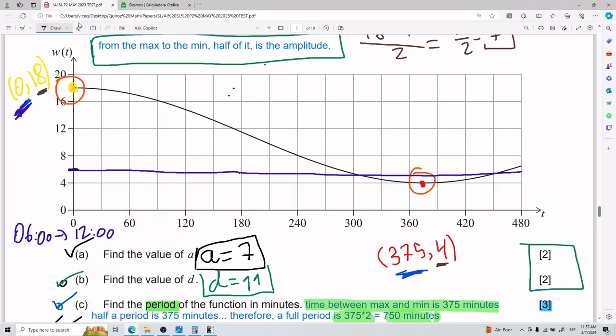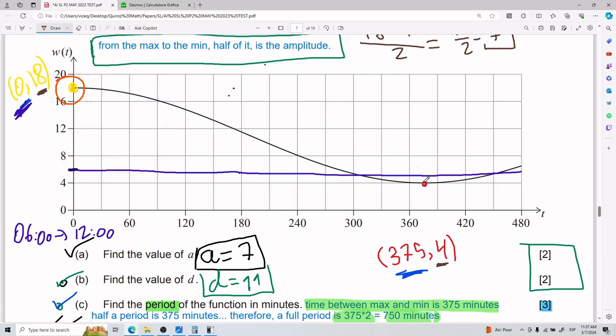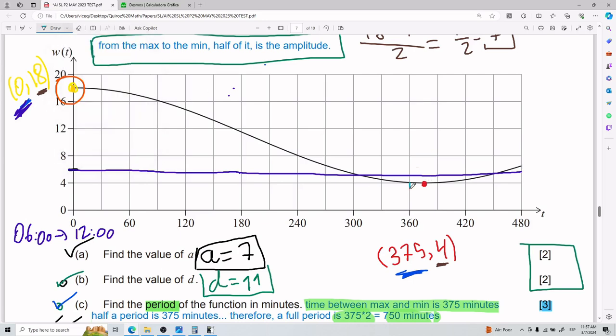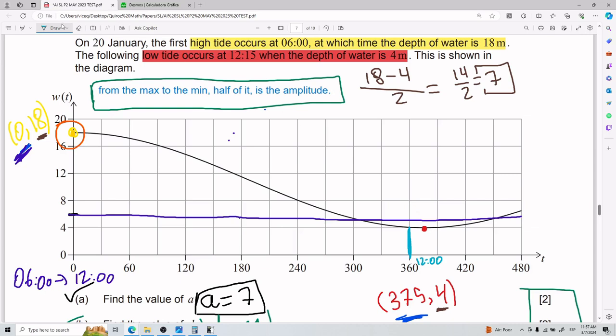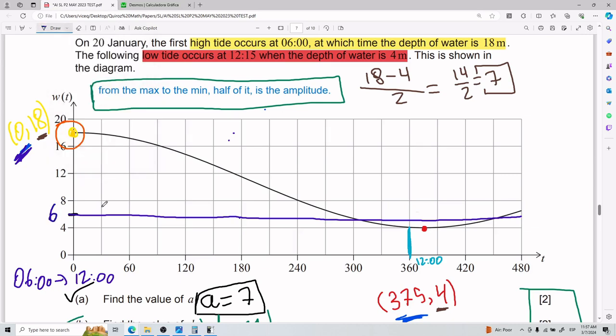Okay, so that means that this is a 375 from earlier. But right now, what I'm really focused on is that this here is when it's 12 o'clock. Naomi can enter or leave whenever we're above the famous 6 meters.